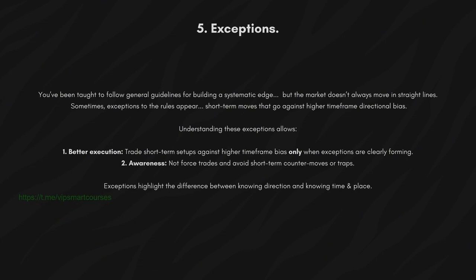That way you realize not just when to take a trade but also when not to take a trade. And exceptions basically highlight this difference between knowing direction and knowing time and place.